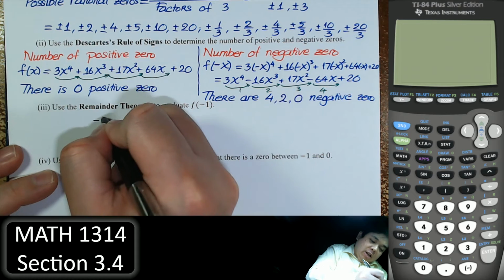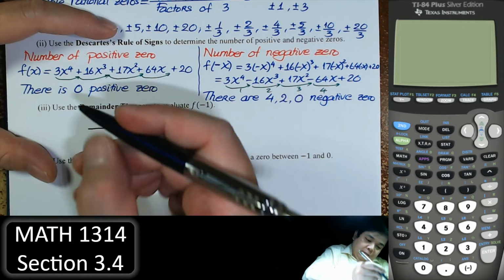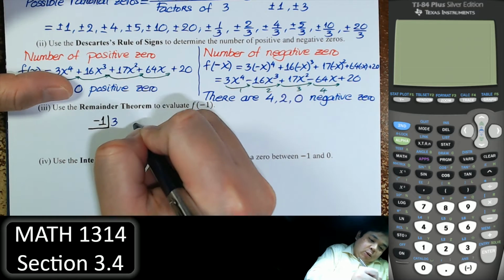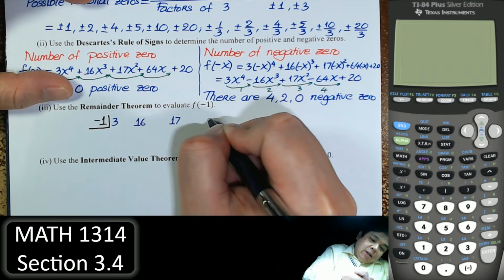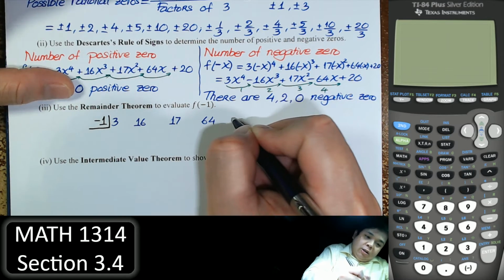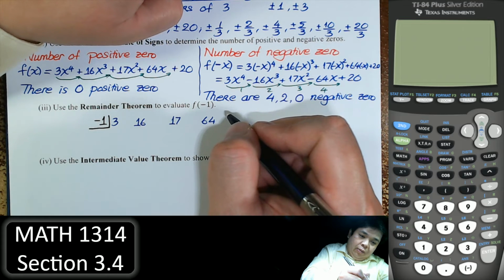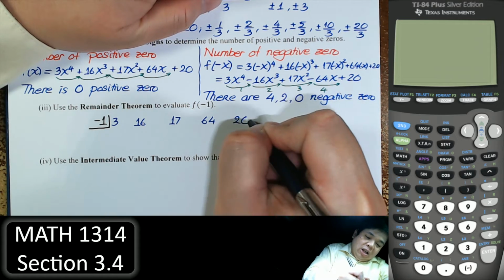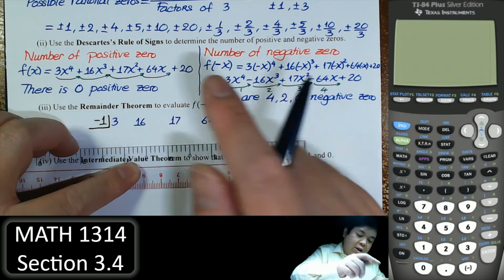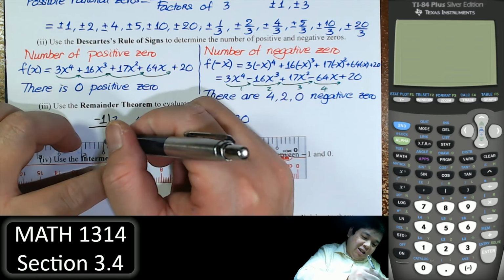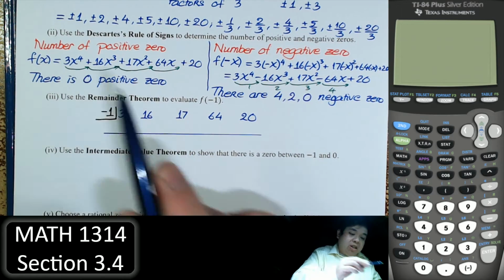And so synthetic division for negative 1. 3, 16, 17, 64. By the way, in synthetic division, if we're missing any term, we have to put in 0 for that. In the Cauchy rule of sign, we don't put in 0 for a missing term.